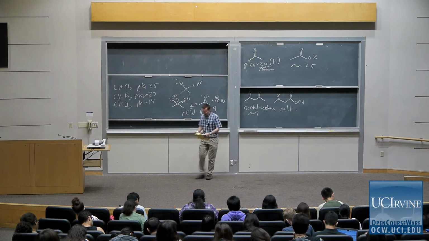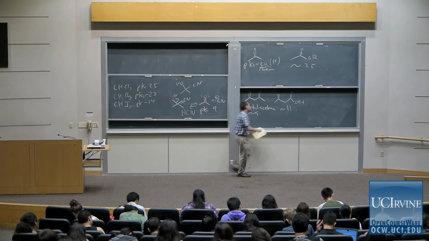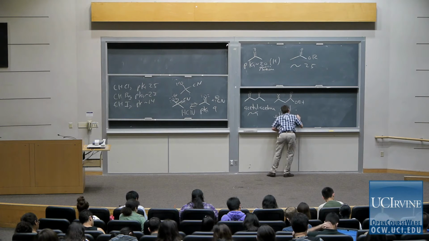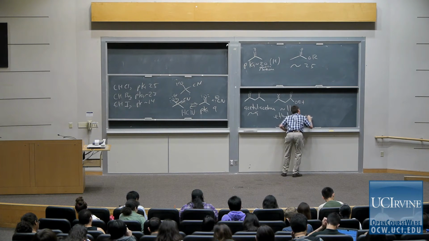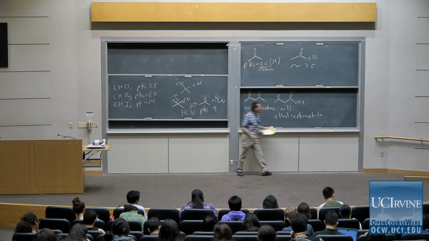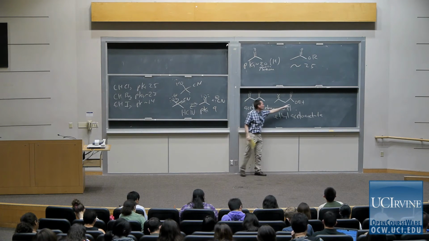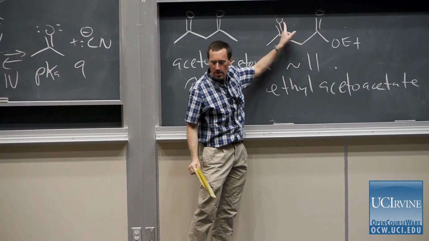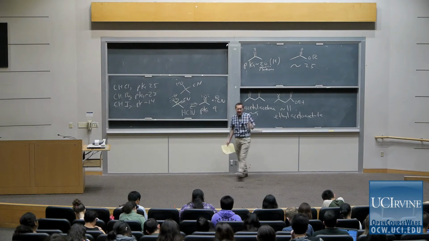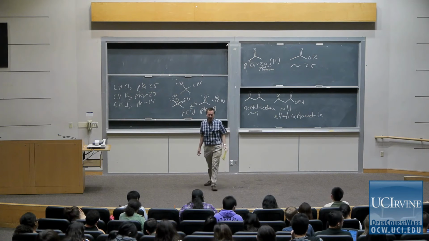This one's often referred to as ethyl acetoacetate. Again, if you want to get all IUPAC-y, you can say ethyl 3-oxobutanoate, but a nickname, a common name, is ethyl acetoacetate.